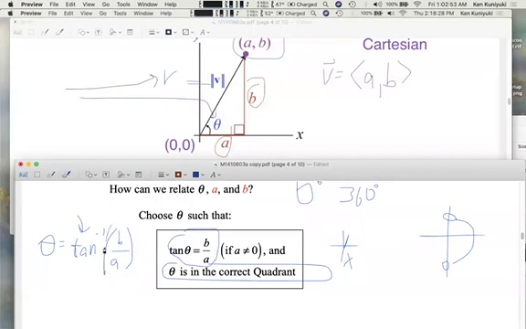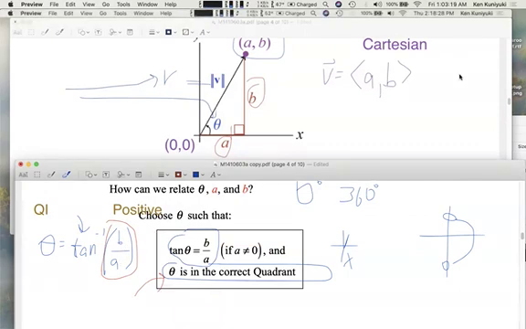Well, that's true if b over a is positive and theta is quadrant 1. But in other cases, you better be careful. Just in general, you should be careful and make sure that theta is in the correct quadrant, especially when this thing's negative.